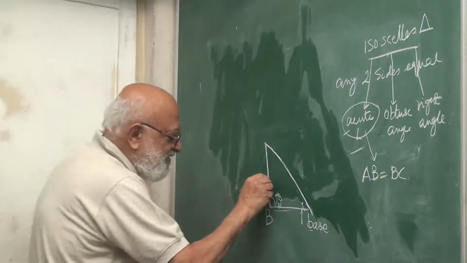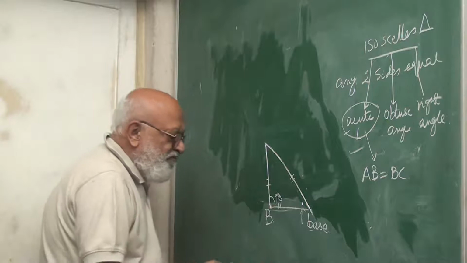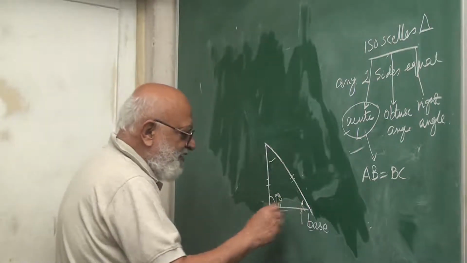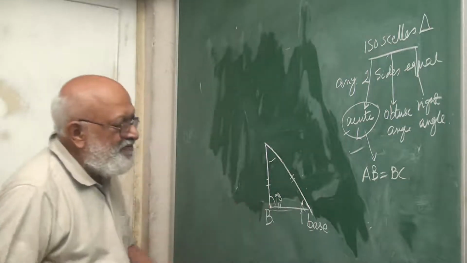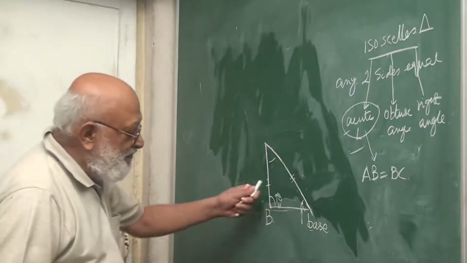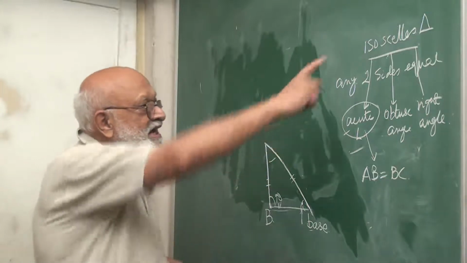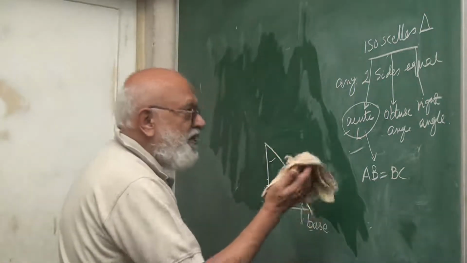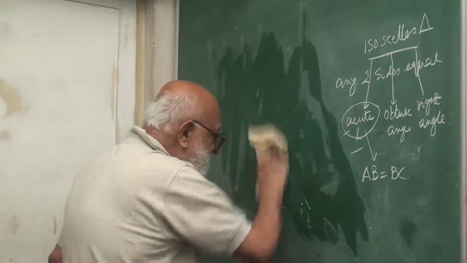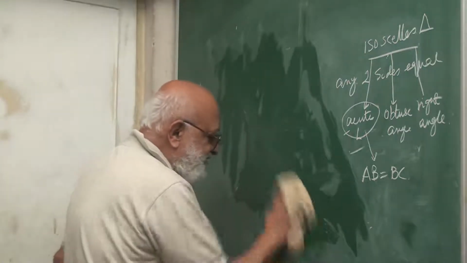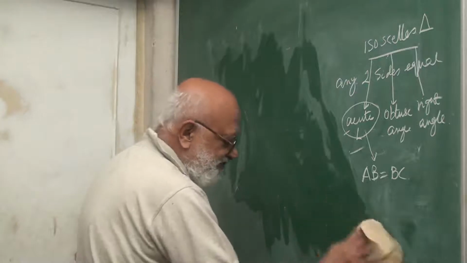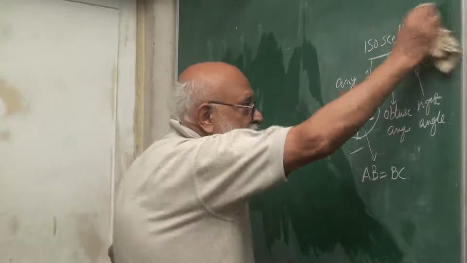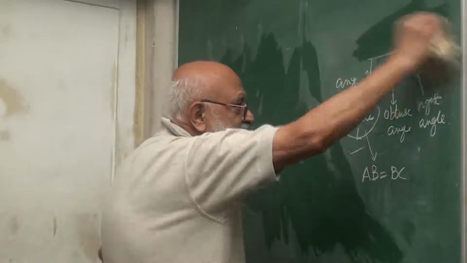If these two sides are equal, then you can easily say these two angles would be equal. Okay, because one of them is 90 degrees, and they have to be equal because this is an isosceles triangle. Now we have covered isosceles. The last one, which is also very prevalent, you must know, is called scalene.